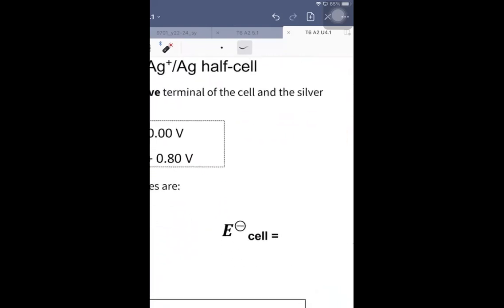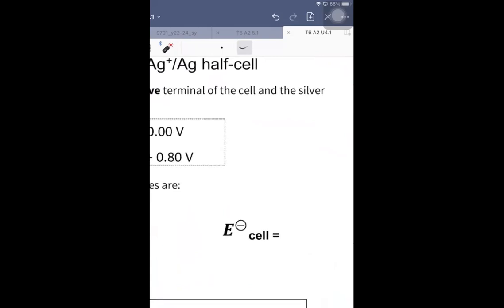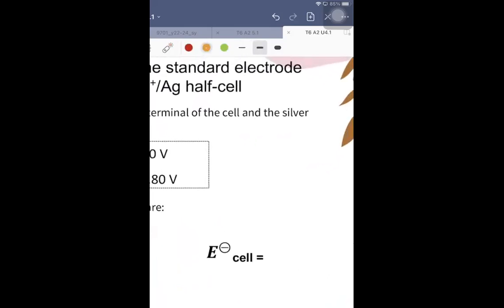So in this case, the hydrogen half cell is the negative terminal and the silver electrode is the positive terminal. I will just write here, most positive becomes positive terminal, and this is also where reduction is occurring, because positive means moving forward.